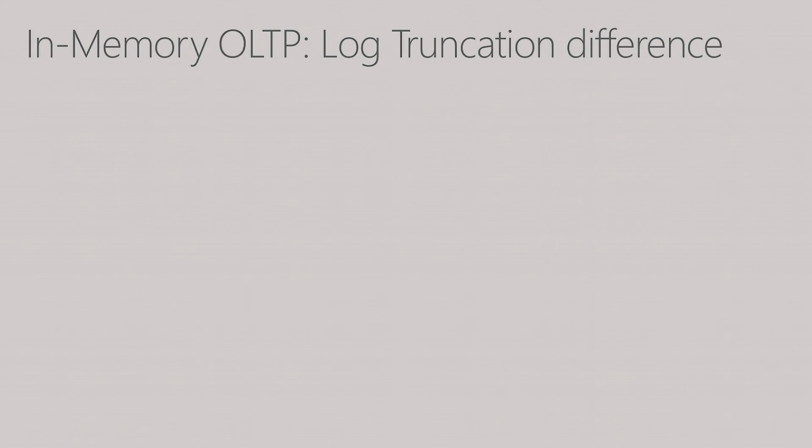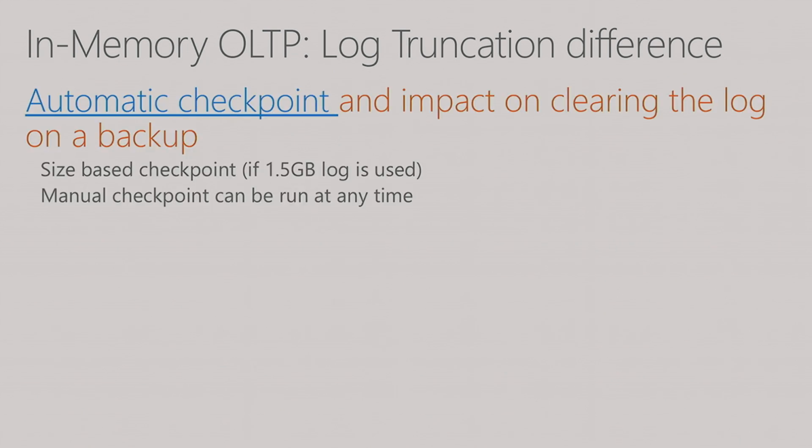Another big difference that we've seen from an operational perspective from DBAs is log truncation. There is a checkpoint which runs on any SQL database, and if you have memory optimized tables or filegroup, you also have the checkpoint related to that, which is the Hekaton checkpoint. And that's a size-based checkpoint.